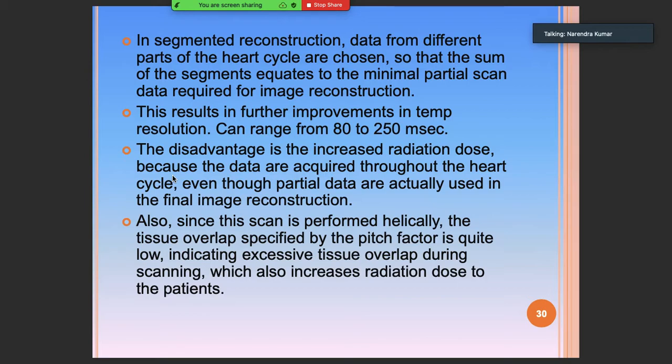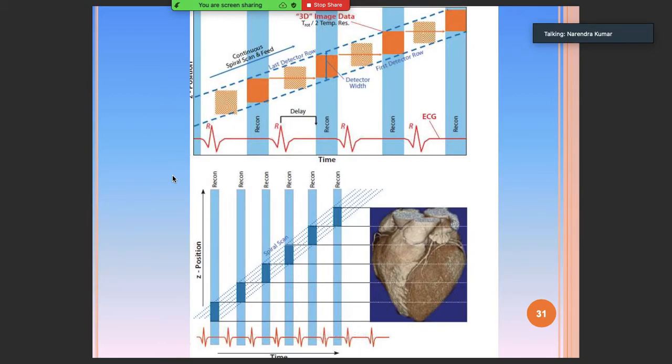But it does have its disadvantages as well, like the radiation dose. Some of the partial data can also be used for the final image reconstruction. And as we are aware, this is a helical scan, so the tissue overlap can be slightly low, and that can indicate excessive tissue overlap during the imaging, as we can see very clearly here.